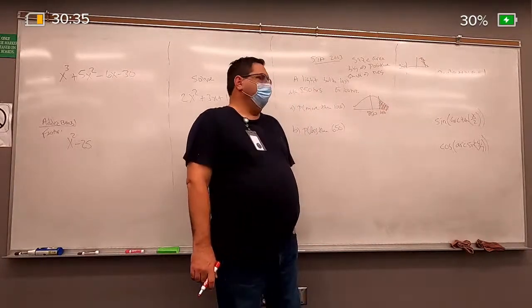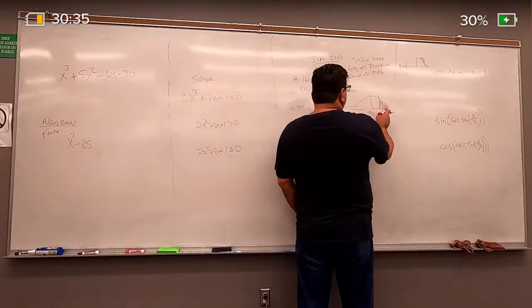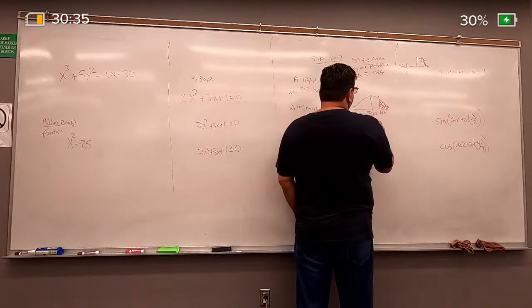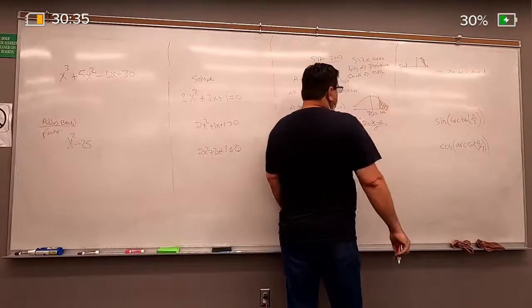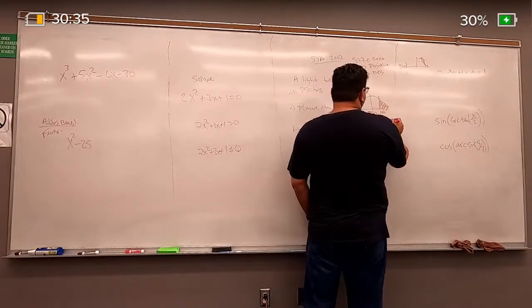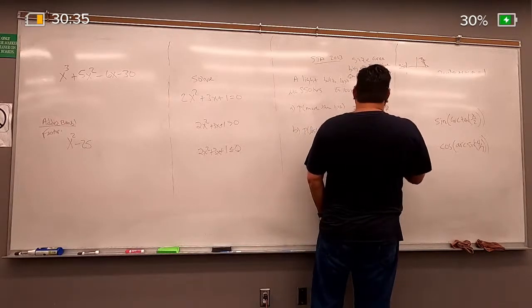All right? Now, what we have to do is find the z-score. So z-score is x minus mu over sigma. So in our case, it is 1,000 minus 850 over 100.